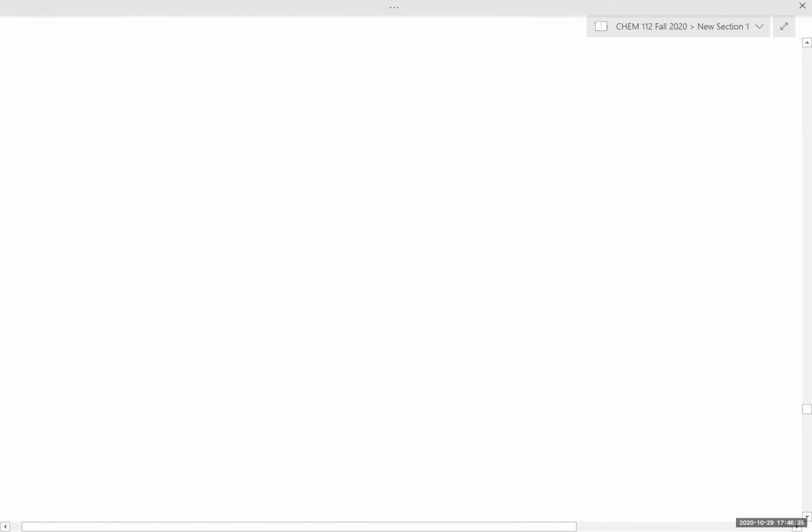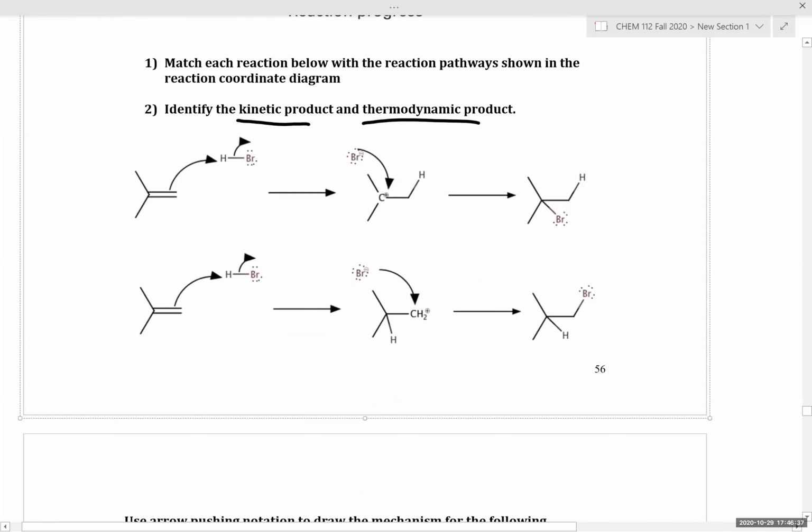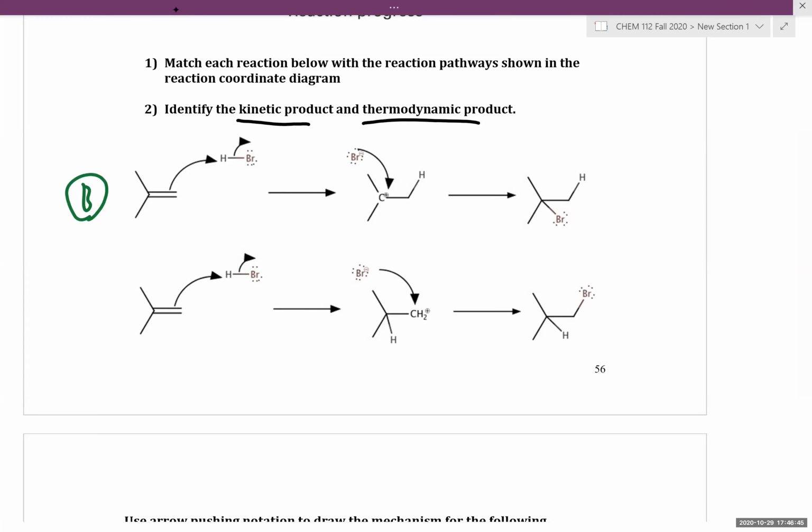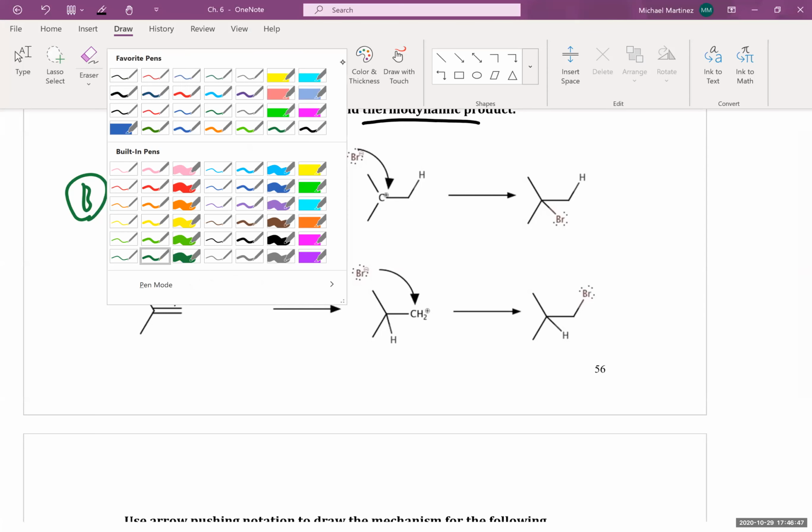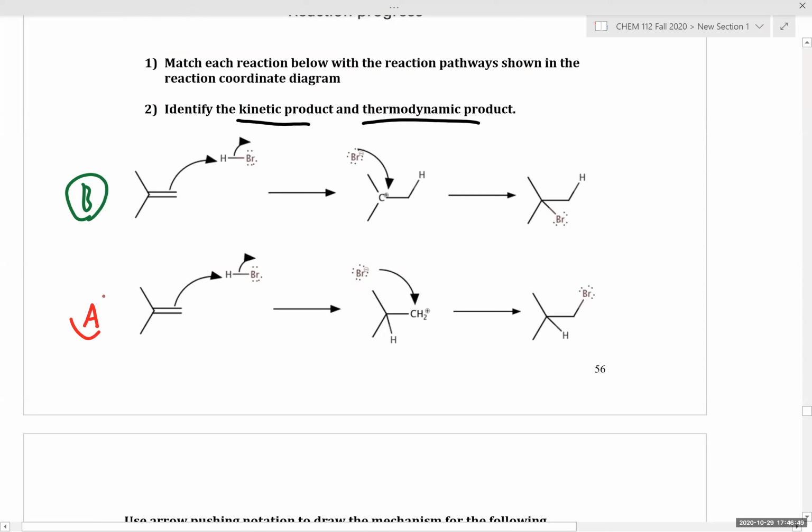Okay, so let's keep going now. If we're comparing pathway B and pathway A, in our diagram we looked at our two different pathways and considered that our first step is selectivity determining and our first step is rate determining.